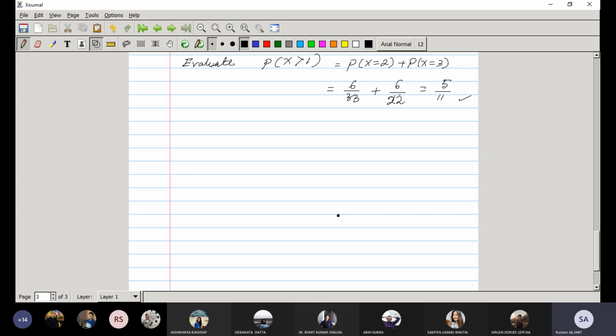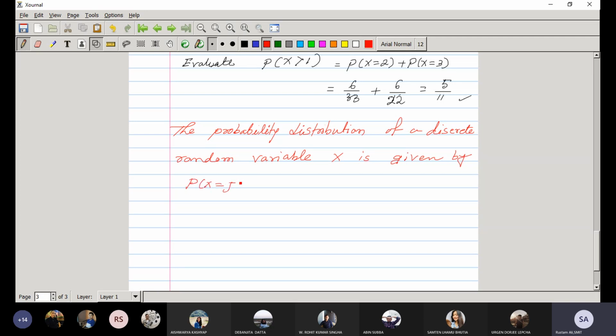The probability distribution of a discrete random variable capital X is given by probability x equal to j.